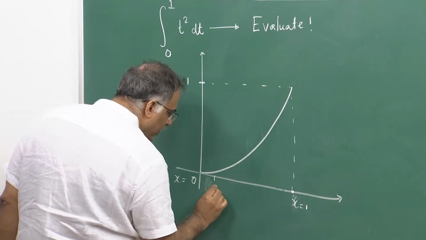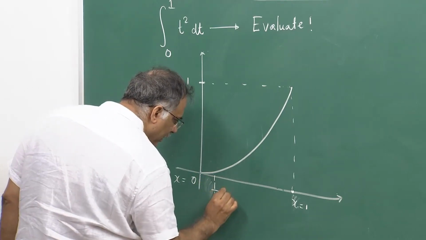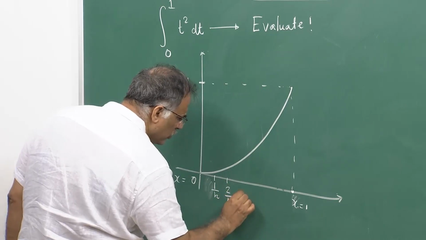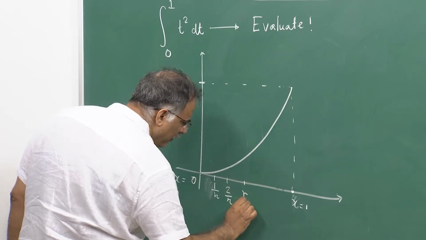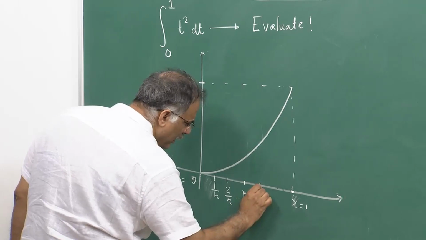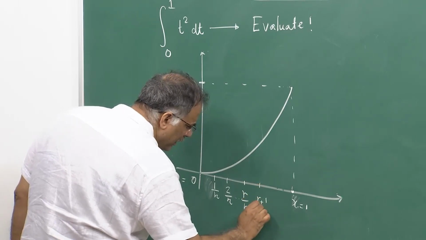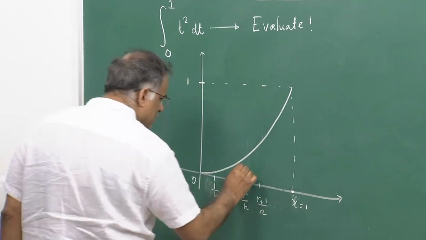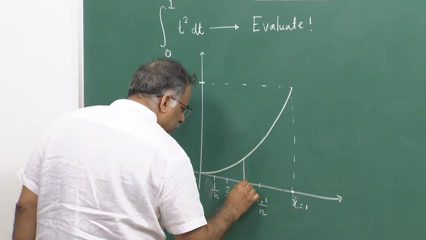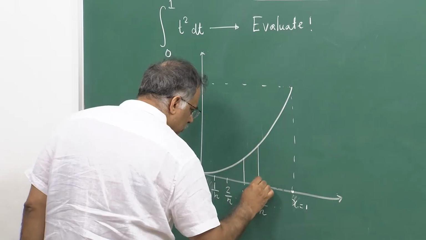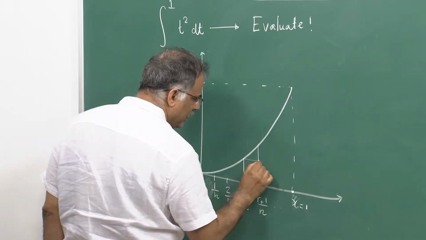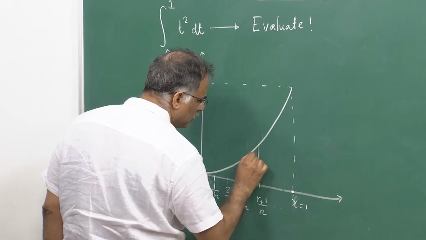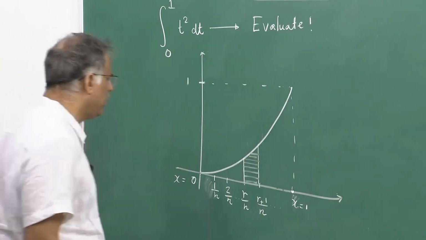So, the first point where we cut is 1 by n, then 2 by n, and in the middle I will have r by n and r plus 1 by n, and go on. Now I will just concentrate on this part and look into this area. What does this area mean for this function?